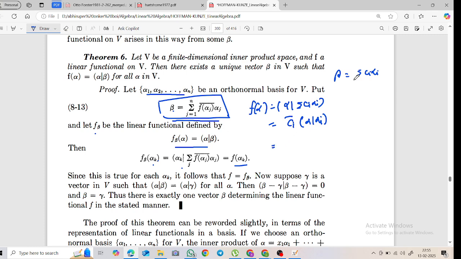So you see the coefficients of beta are coming out, right? In a way you are getting an intuition of how to do it. I'm just trying to give you an intuition.